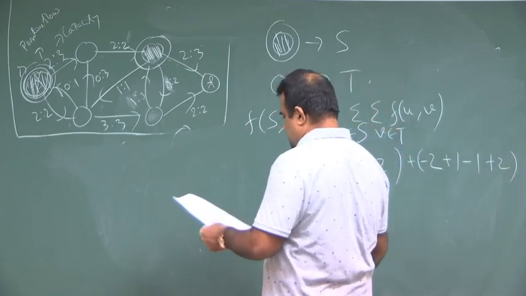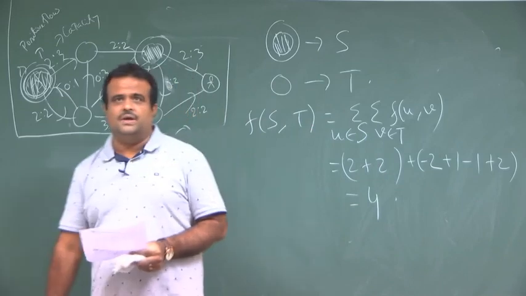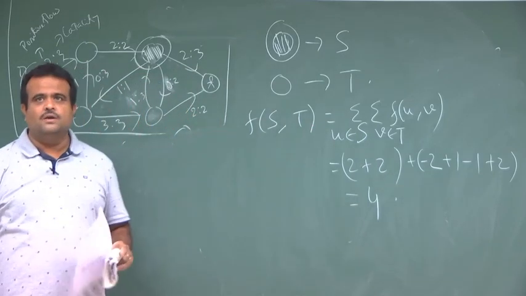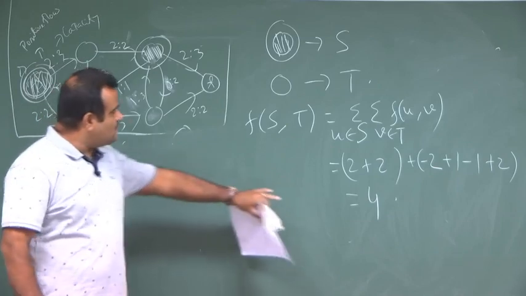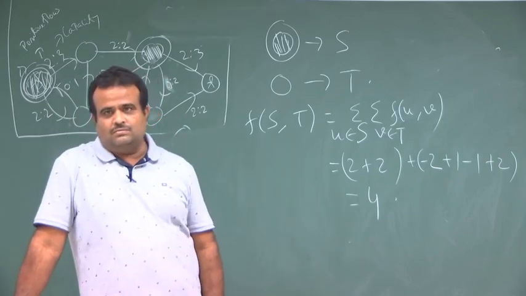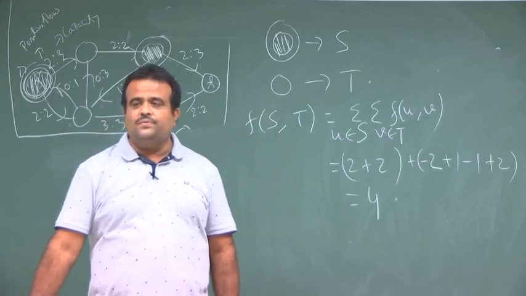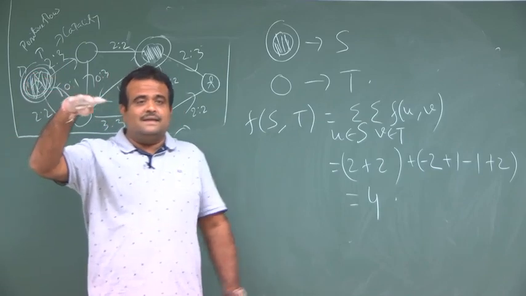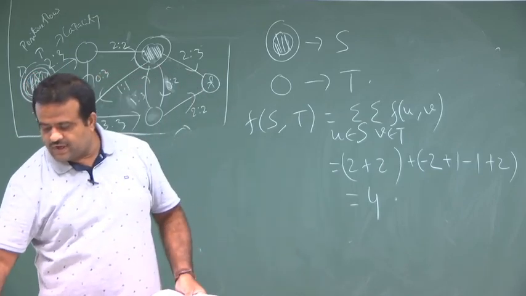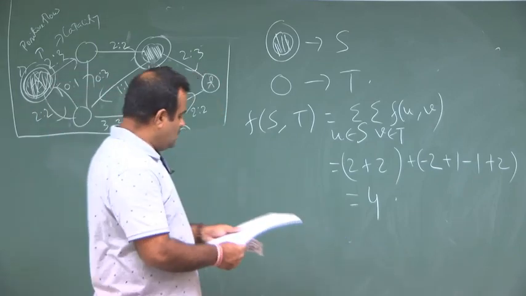So, this comes out to be 4. Okay. So, this is the value of the flow. If you take any cut, it will give us the value of the flow. That is the theorem we are going to show.